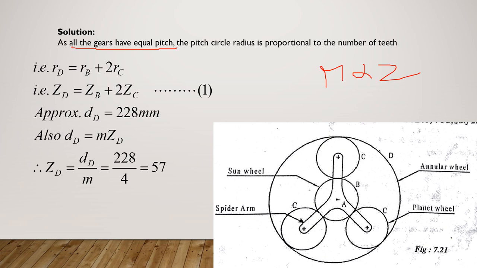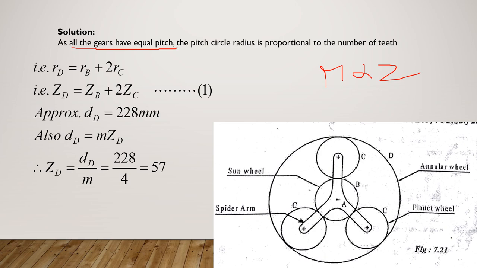RD can be written as RB plus 2 times RC. This distance from here to here can be written as RB plus 2 times RC. So R is proportional to Z, so it will be ZD equal to ZB plus 2 times ZC.